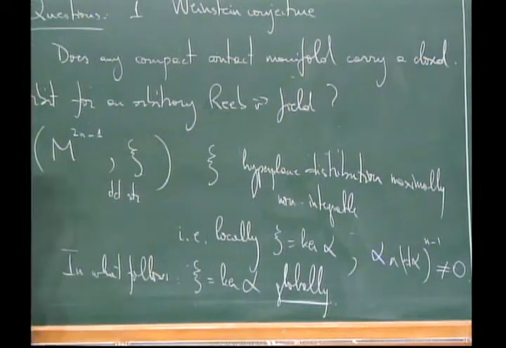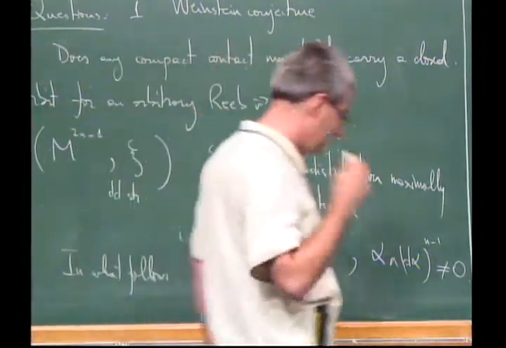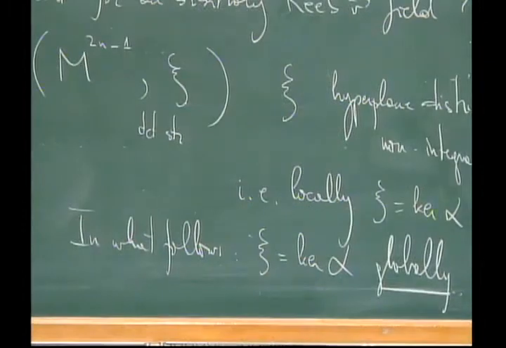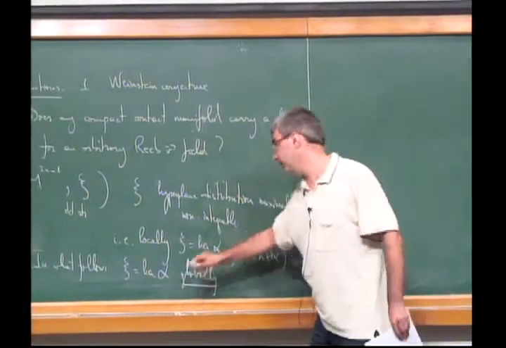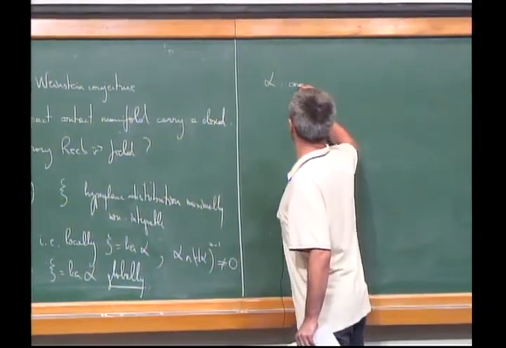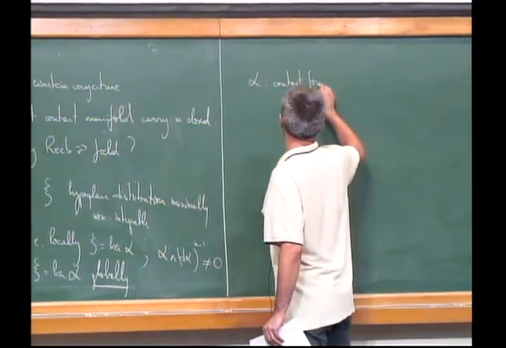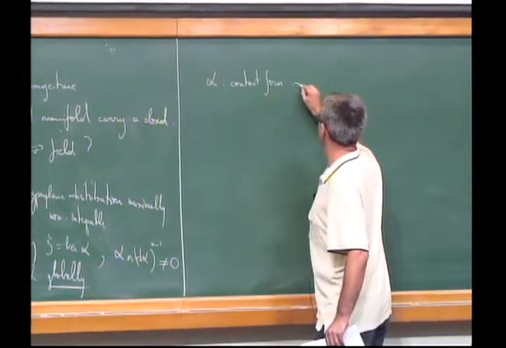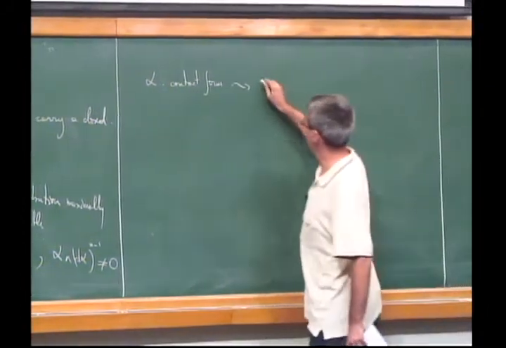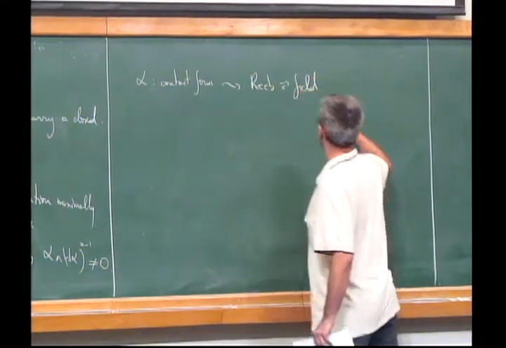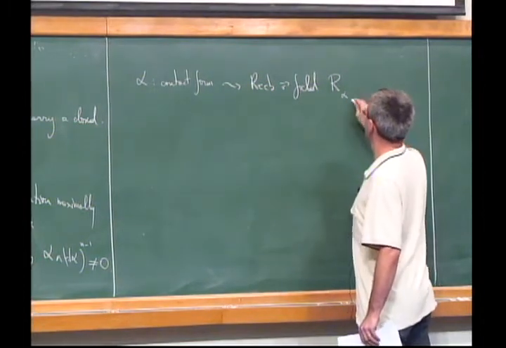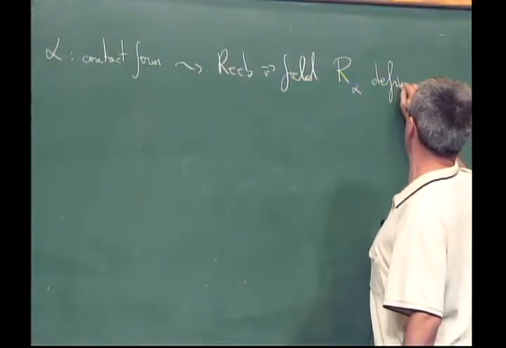Yeah. So these are kind of odd-dimensional sisters of symplectic manifolds. And an alpha like here is called a contact form. And this determines what's called a Reeb vector field, R alpha, which is defined by the following two conditions.